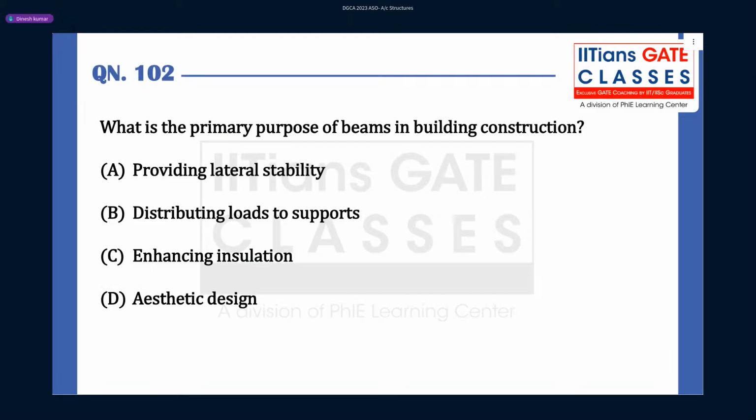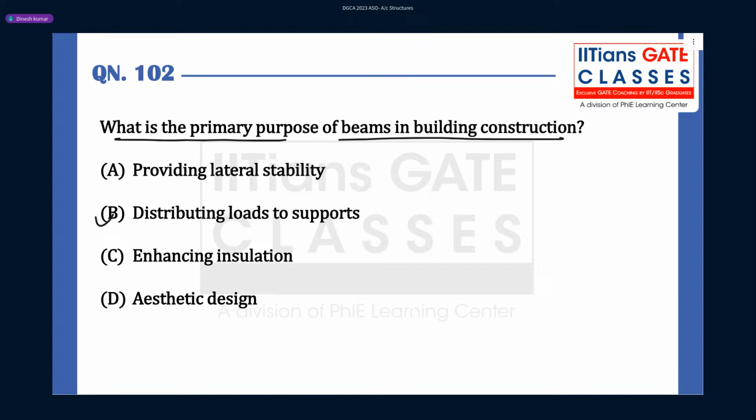Yeah. So actually, there are more questions. I was thinking about some other question. We will discuss that once that comes. So, what is the primary purpose of beams in building construction? Usually beams carry what? Bending loads. So the beam distributes loads to supports.